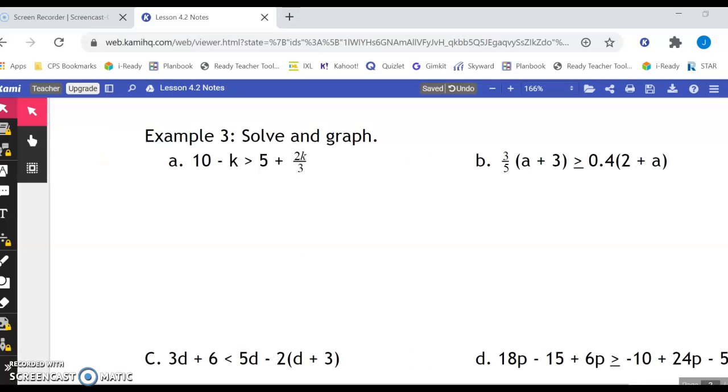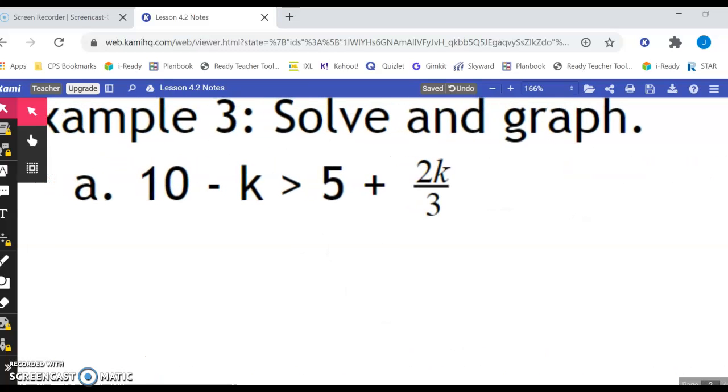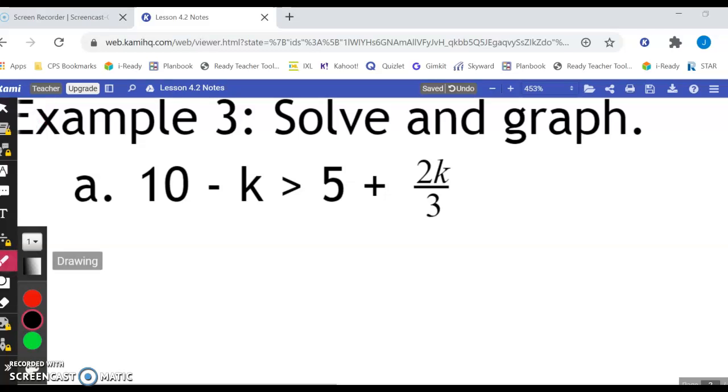Okay. For this example, we have k on both sides, and this 2k over 3, I'm going to cross that off and rewrite it. It's really the same thing as 2/3 k. So I want to move the smaller k, which is the negative k, so I'm going to add k to both sides.